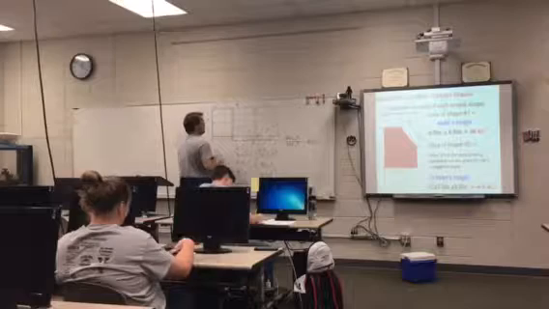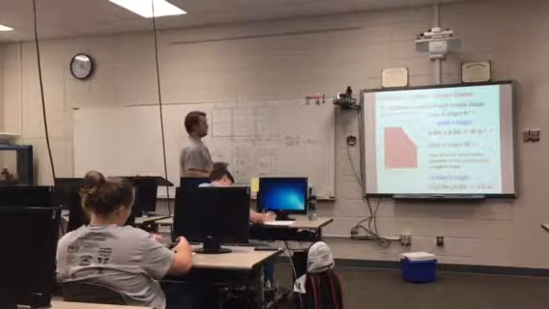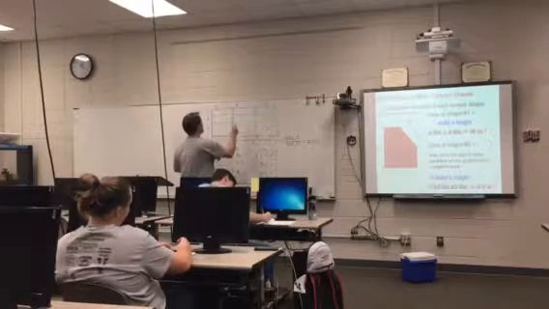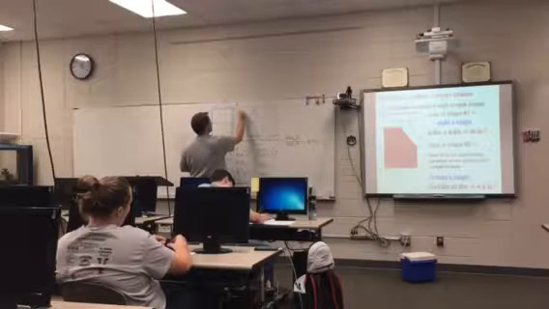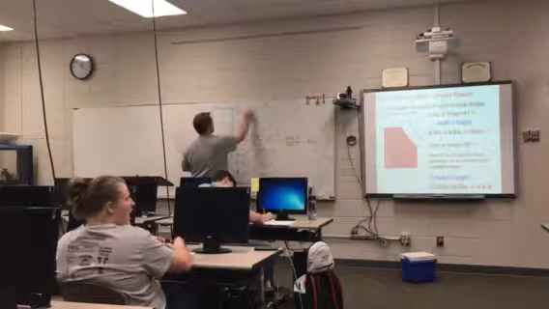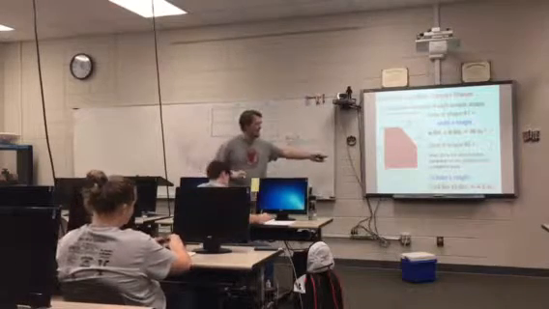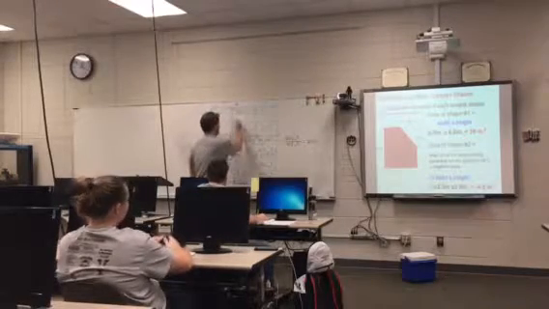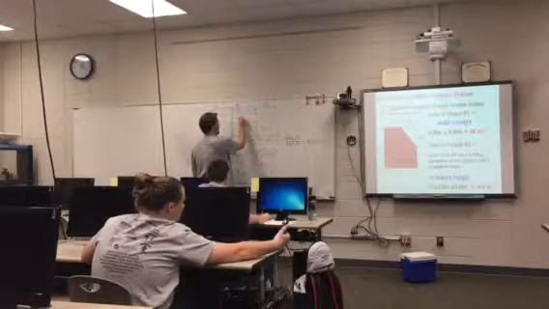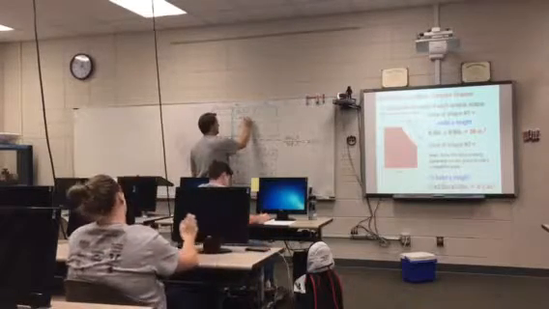So if I was going to do this right here, I'd say, okay, we have the area of shape 1 is 36 inches squared. The area of shape 2 is negative 4.5 inches squared.